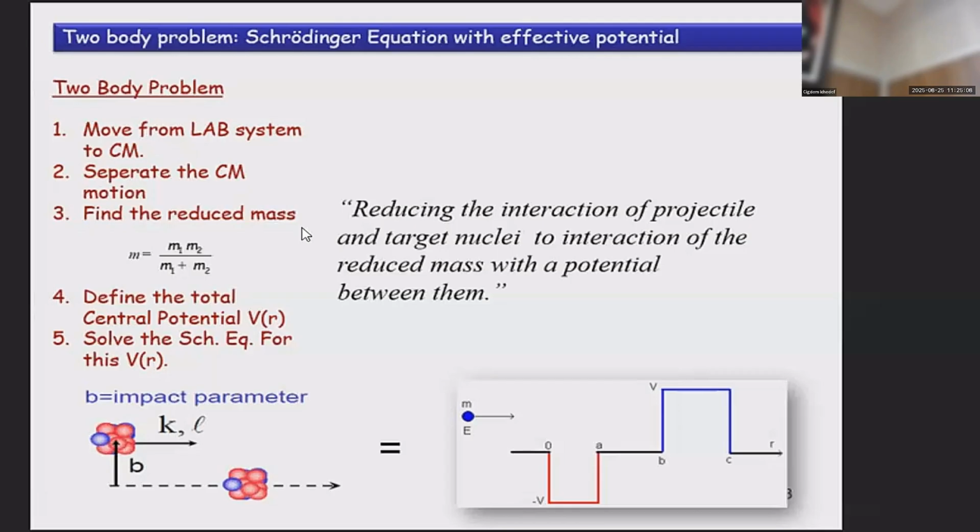For example, a reduced mass M between two masses, you have a reduced mass M with energy plus the potential. Therefore, if the potential between two particles is negative, that means attractive.